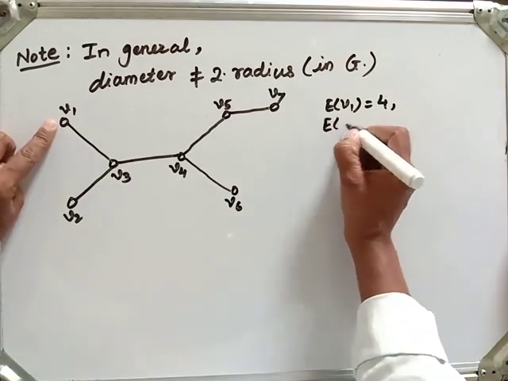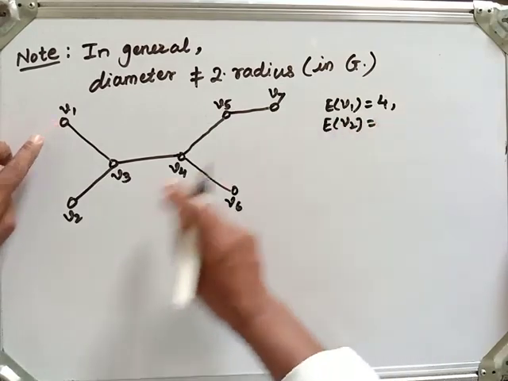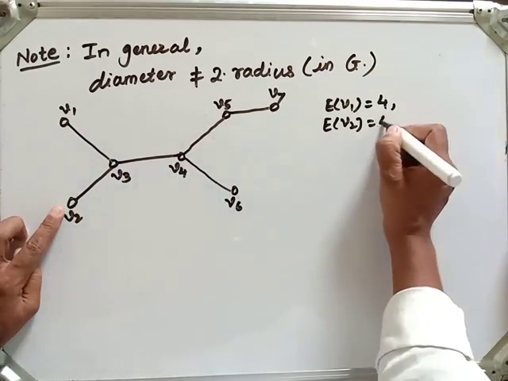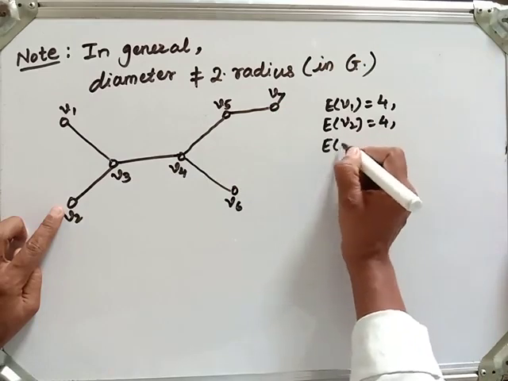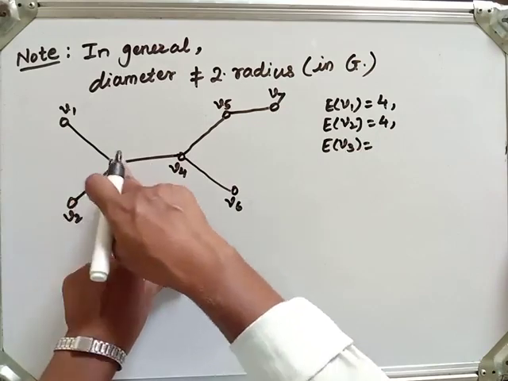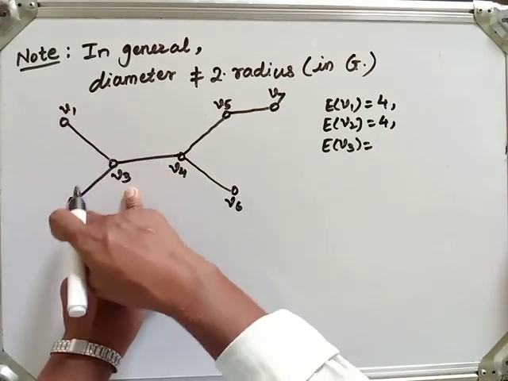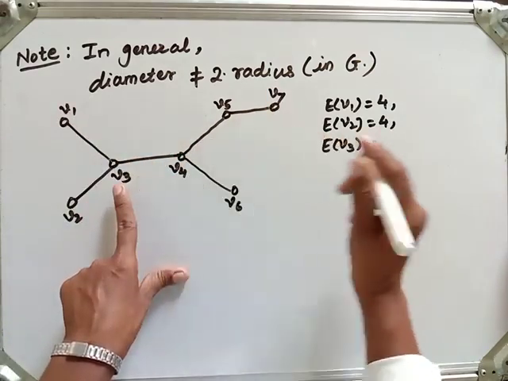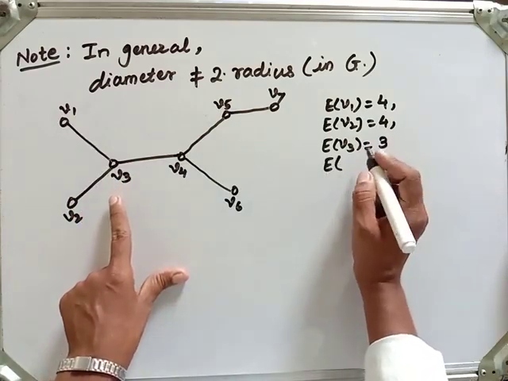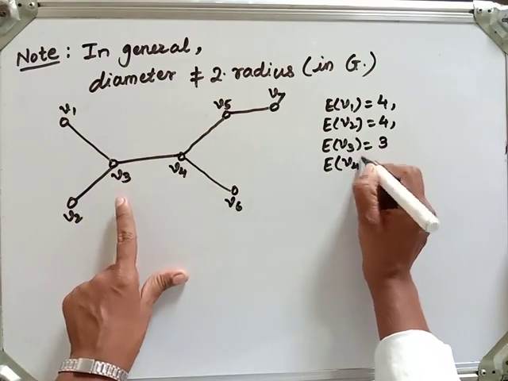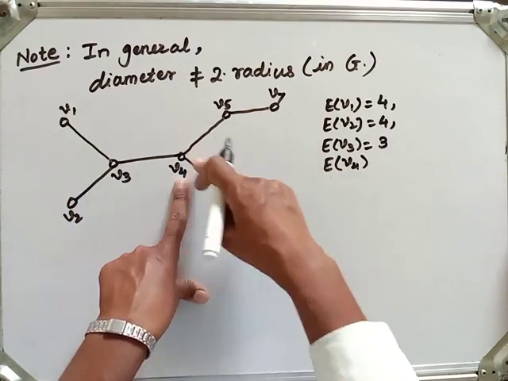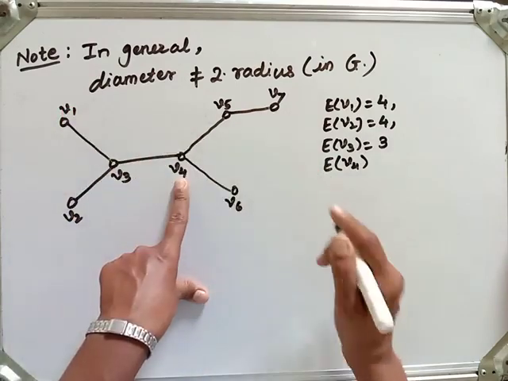Now, what is the eccentricity of V2? If you look again, V7 is too far from it, so it's again 4. What about the eccentricity of V3? Towards this end, vertices are at a distance 1, but here it is at a distance 3, so 3. We take the maximum distance here. V4: from V4, here at a distance 2, here also at a distance 2, this is at 1 and this is at 2, right?